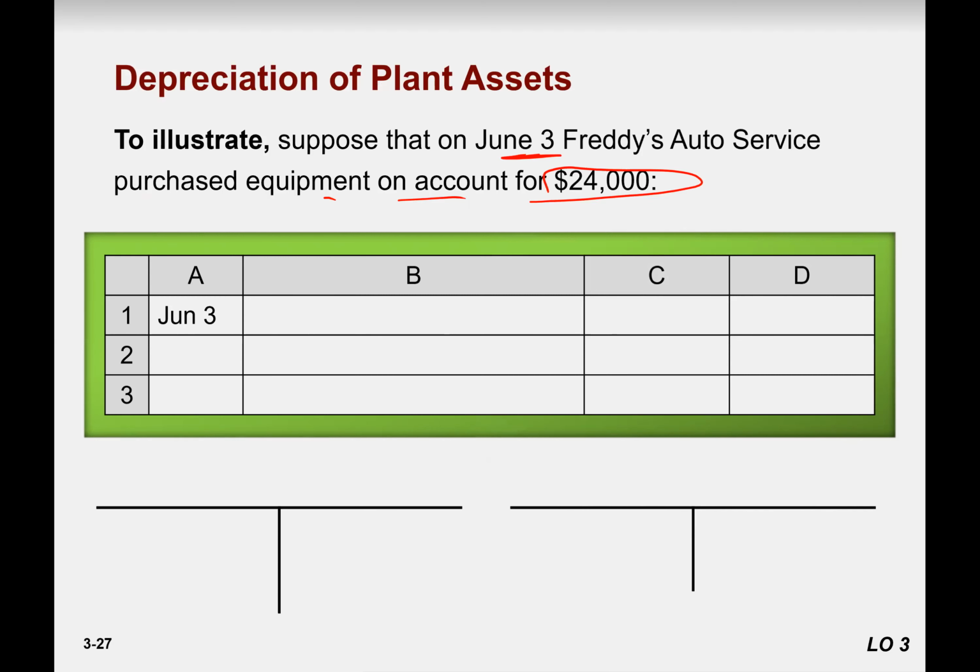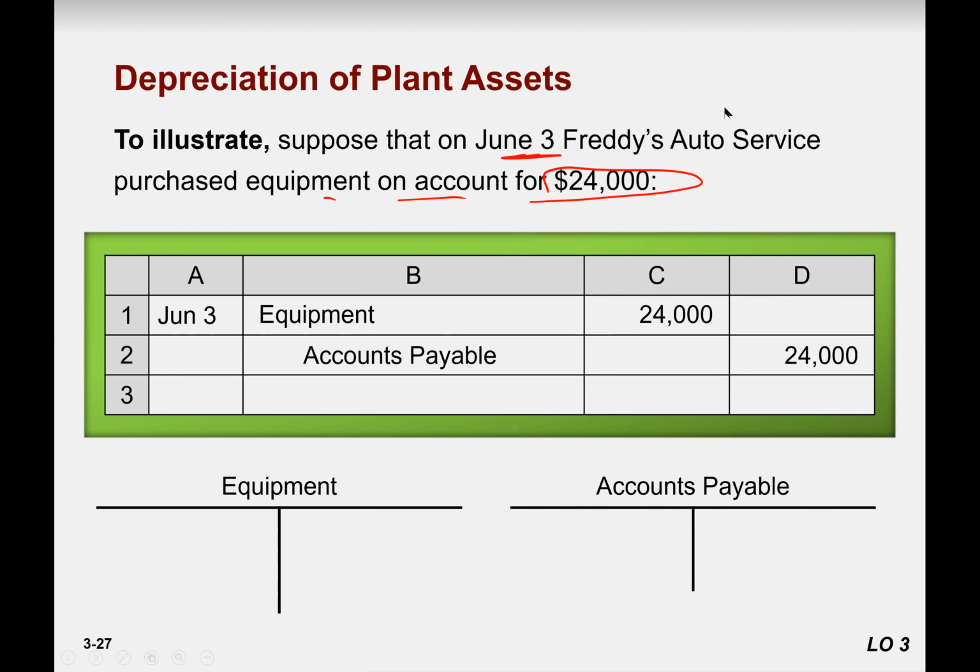Why? Because its life is for more than 1 year. Computers, ACs, printing machines, we call this equipment. So on account means equipment to accounts payable. The entry would be equipment to accounts payable, right?